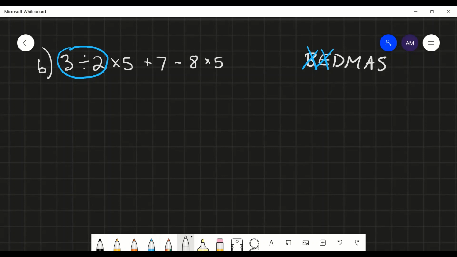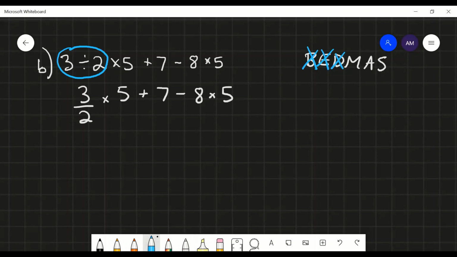Well, okay, we could either go into decimals for this, or we could do fractions. I'm going to do fractions. So 3 divided by 2 is just 3 over 2. We'll say it like that. 3 over 2 times 5 plus 7 minus 8 times 5. Okay, so we finished all the divisions.